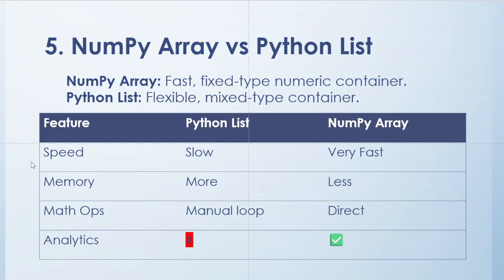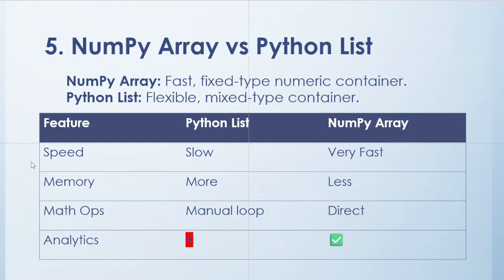Here I have mentioned some features of the Python list and the NumPy array. In terms of speed, a Python list is very slow and a NumPy array is very fast. In terms of memory, the Python list takes more memory compared to the NumPy array.